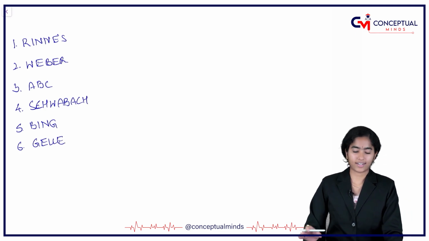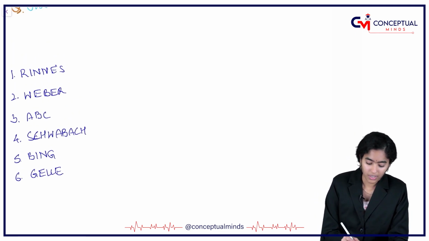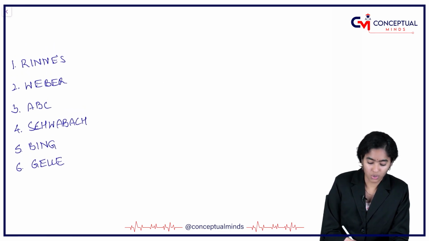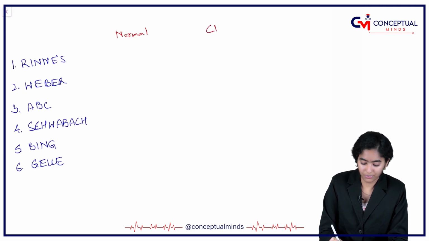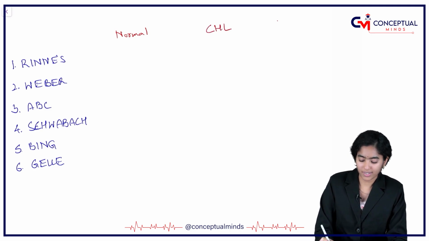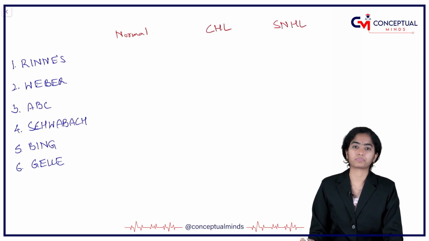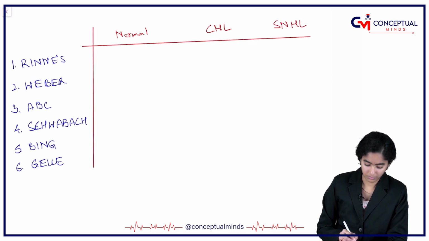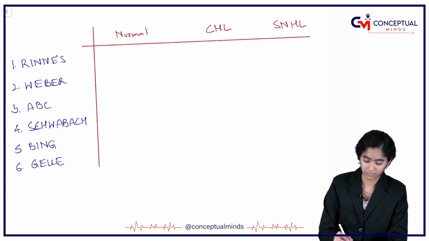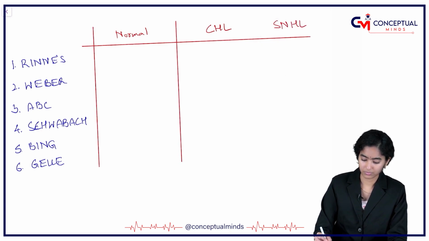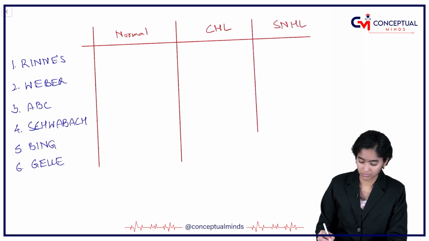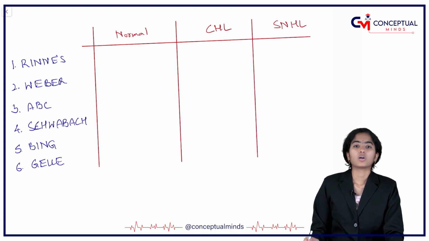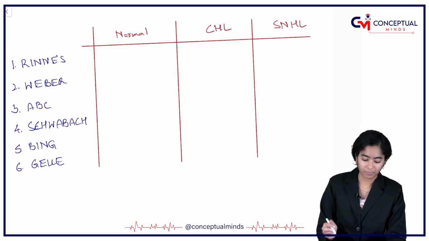And the three broad scenarios that we know are either the patient is normal, or the patient is having conductive type of hearing loss, or the patient is having sensorineural hearing loss. These are the three scenarios possible. So let us see what happens in each of them.